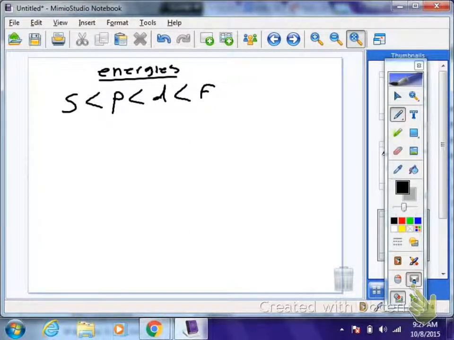Yeah, F has to have the most energy. All right. Another thing I need to tell you is where they're located. So the S's will come in the first shell.